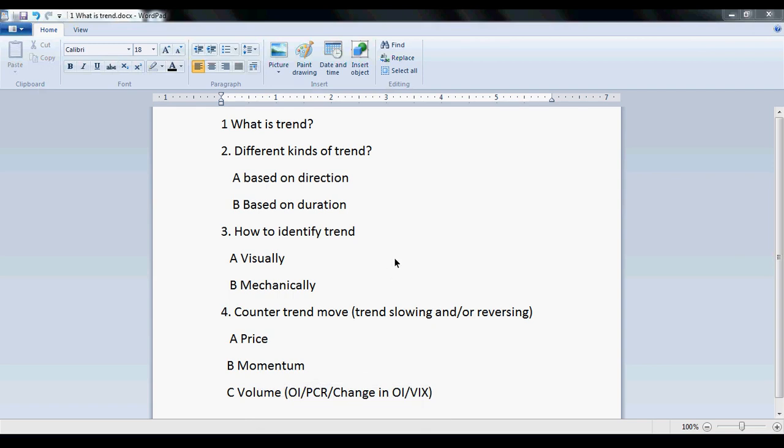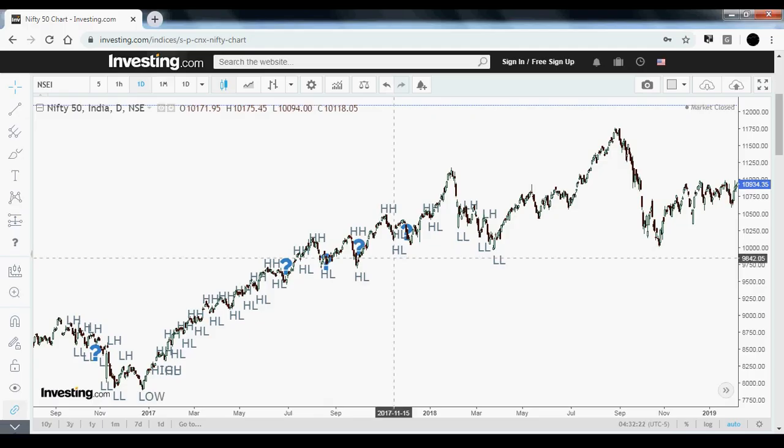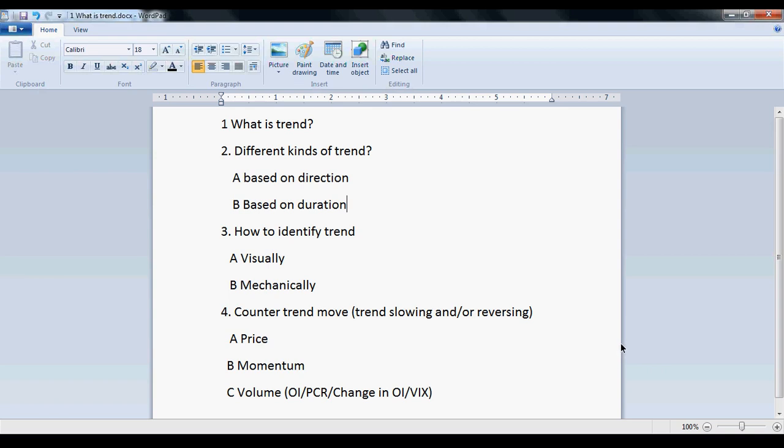So we'll see how to take that into consideration. So long, then intermediate, and short term. Okay.